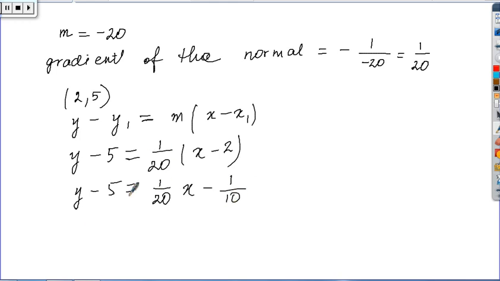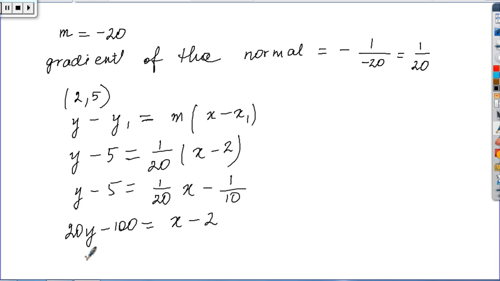Perhaps we could do better if you notice that we have our gradient as a fraction, and we don't like to have any fractions in our equations for lines. So I should multiply actually by 20 immediately. So I should get 20y minus 100 equals x minus 2.